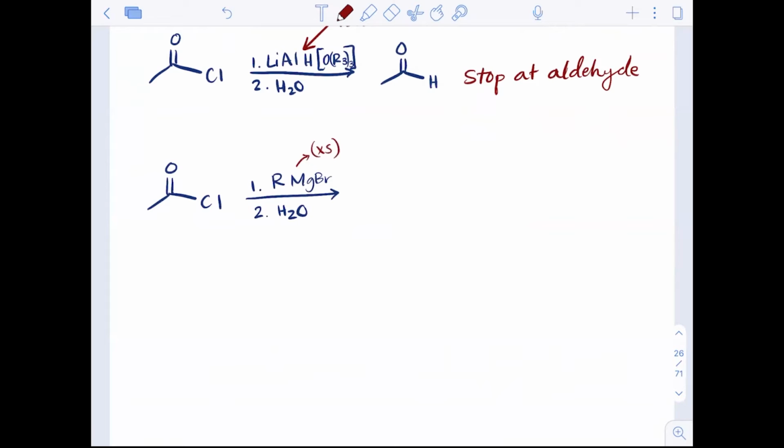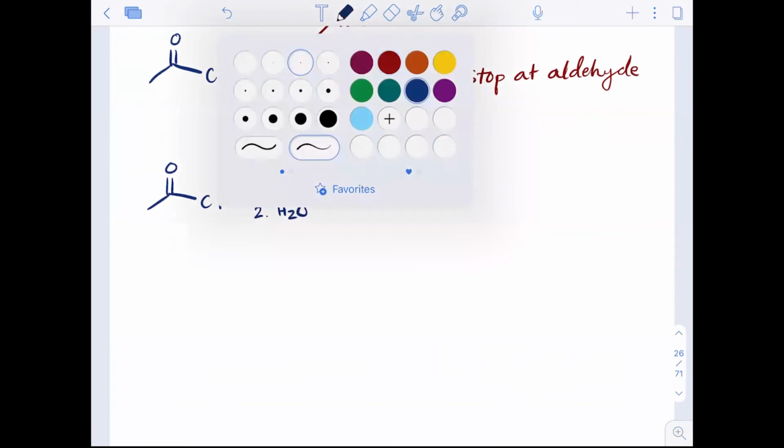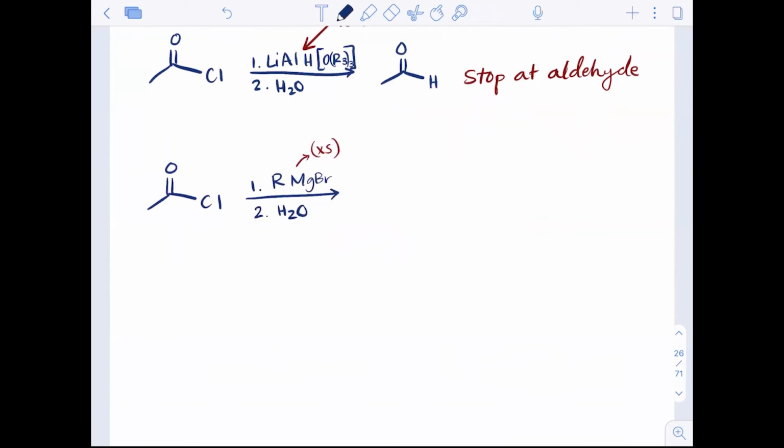Excess, not extra small, excess, it's just an abbreviation, often used by organic chemists. Not extra small, it's not a t-shirt size, it means XS. Just say it really fast. And what happens is we do form alcohols and we add 2 equivalents of Grignard reagent to our final product.